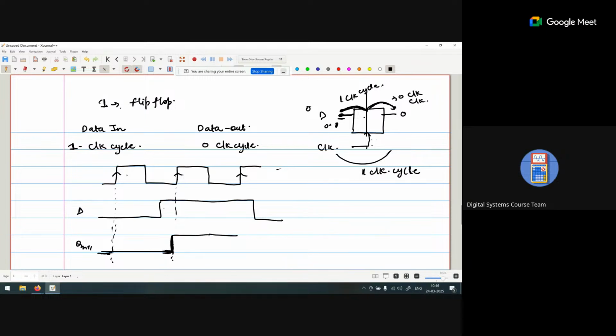Clear? Now it will be maintained as a constant. Again, at this clock cycle, it will be checked again. When the data is 1, it will behave as a 1. So 0, 1, and 1 is the data output. Okay, so in the case of a flip flop, the output will be changed at every positive edge.